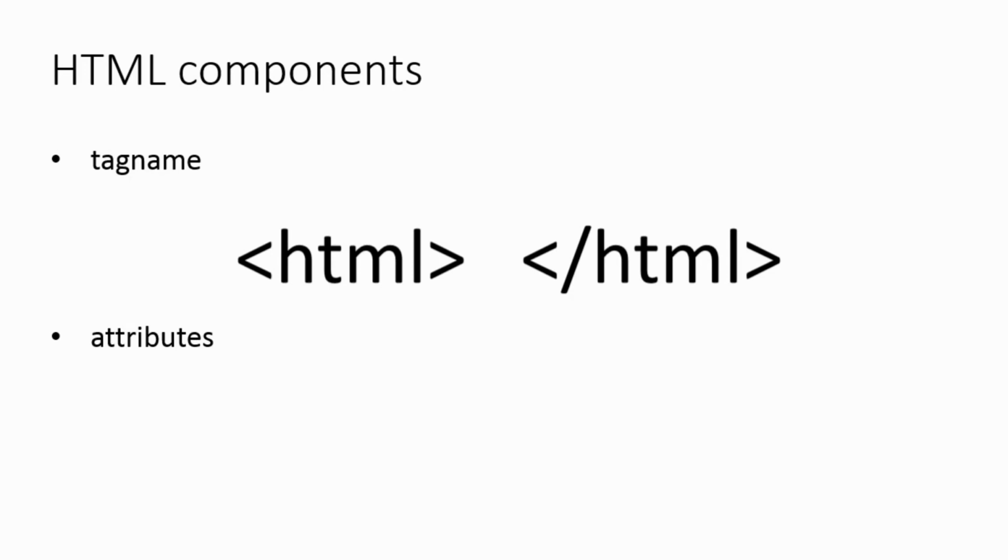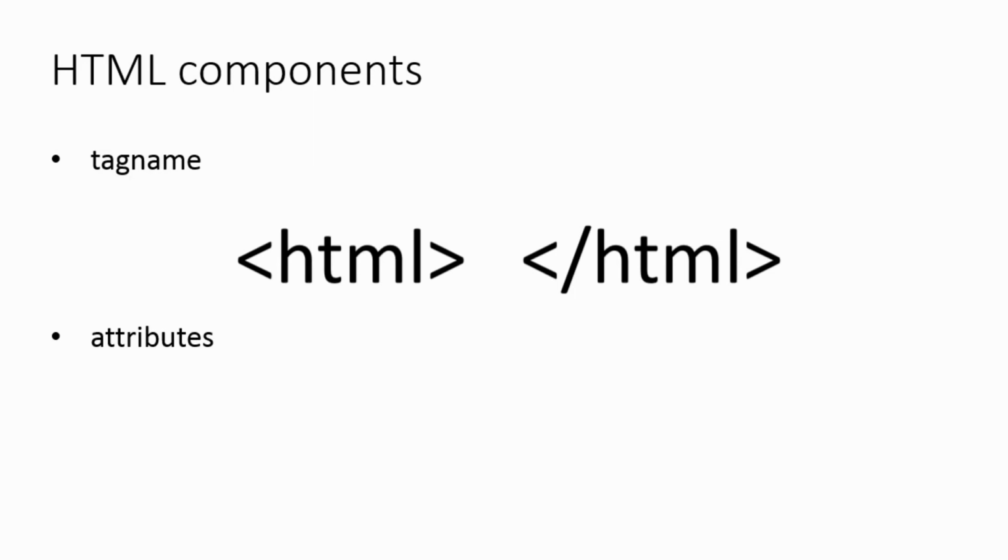If we have to write any HTML tag, then we have to write it inside the greater and lesser signs, and some of the tags need to be closed by a slash with the particular tag name inside the greater and lesser signs, and some do not require an end tag, which we will discuss later.